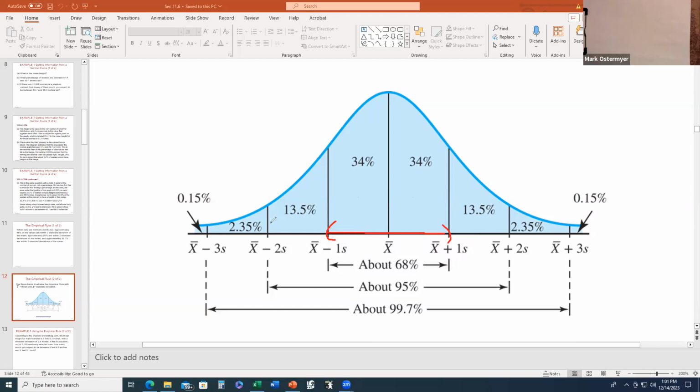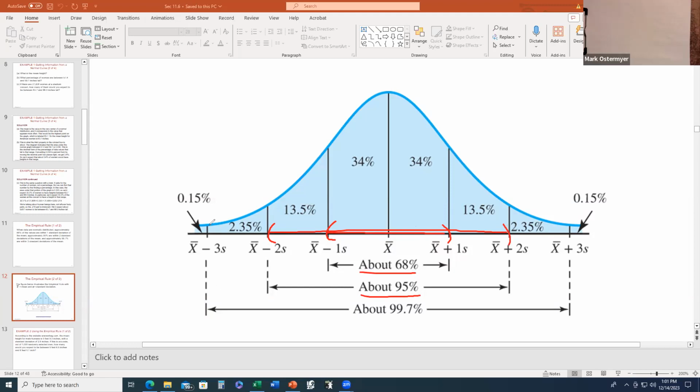By the time you venture two standard deviations either side of your mean, from two standard deviations below the mean all the way up to two standard deviations above your mean, in this larger, wider interval, the empirical rule says about 95% of your observations will fall.